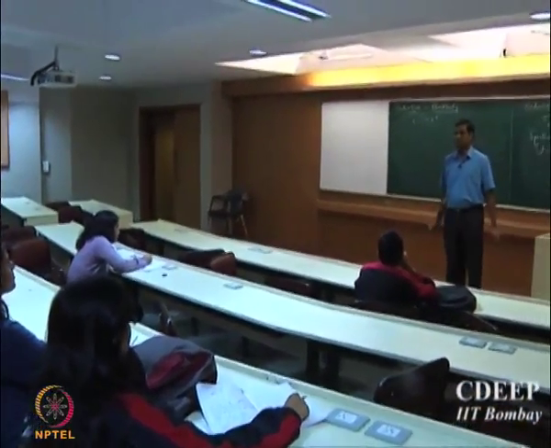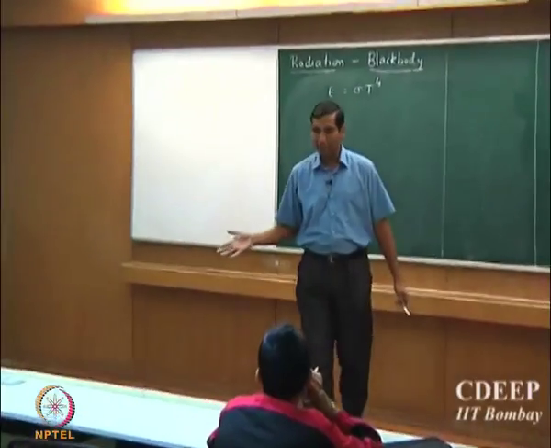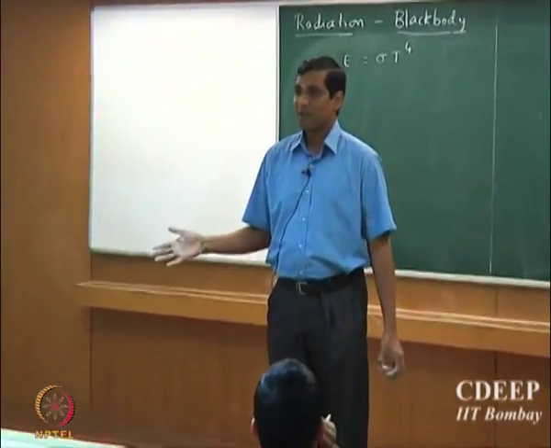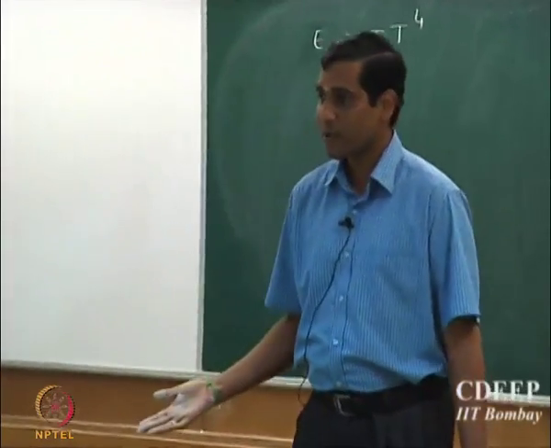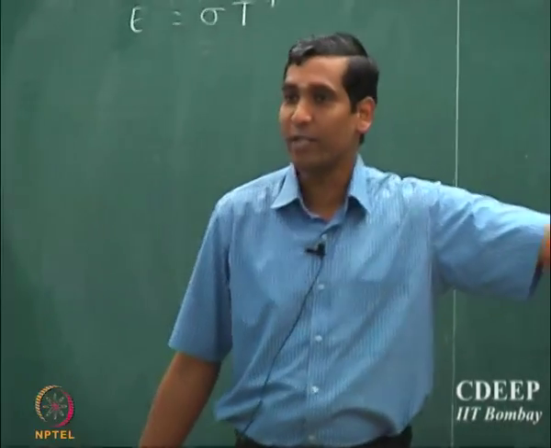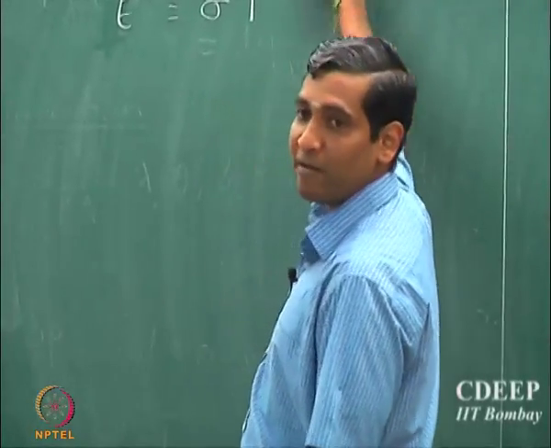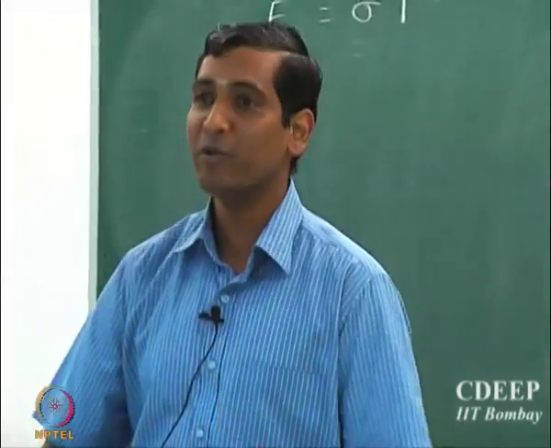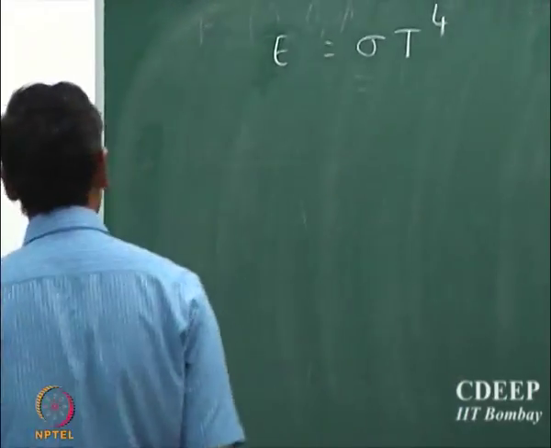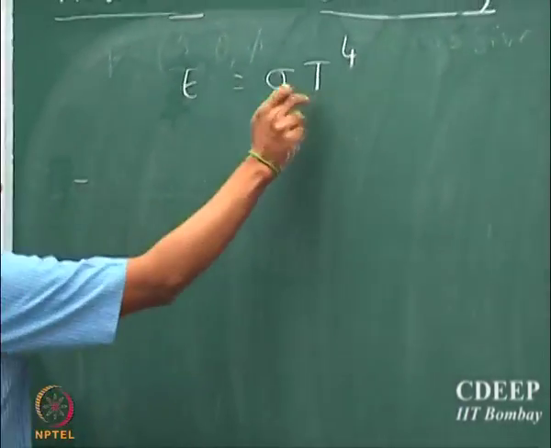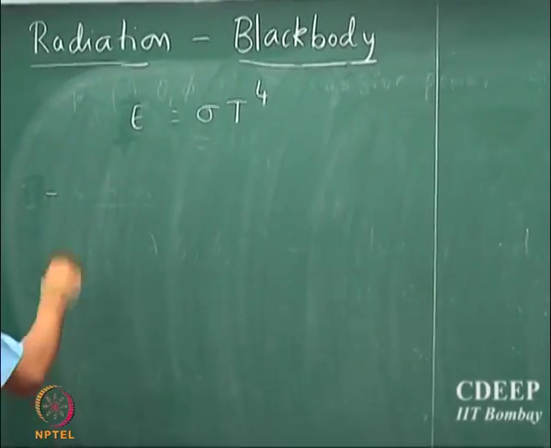So what is a blackbody? There is nothing called a blackbody. Blackbody is an idealization and it is used for standardization purposes. In fact, all the concepts of diffuse emitter, etc., are essentially defined for characterizing blackbody, and therefore we can introduce a certain standard for quantifying the radiation process. We'll come back to why it is T power 4 in a short while. So there are certain properties we use to quantify blackbody radiation.